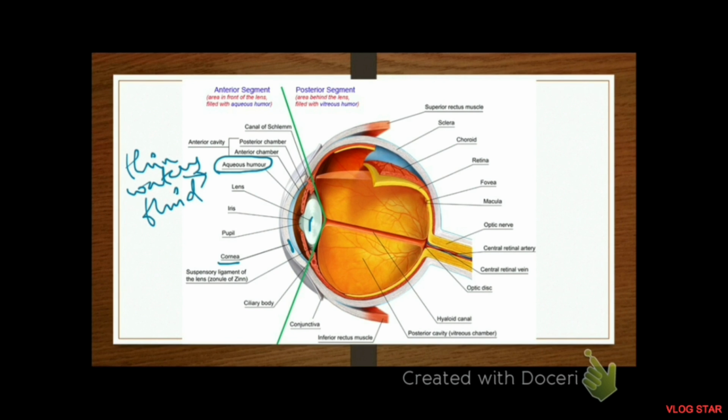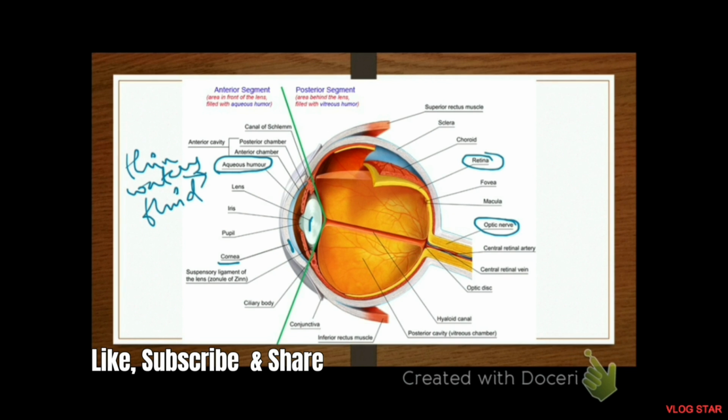We now go on to the next part of the inner layer of the eye, that is the retina. Before I talk about the retina, let me talk about the optic nerve. You can see this is the optic nerve.